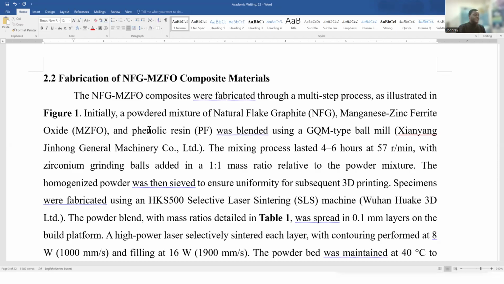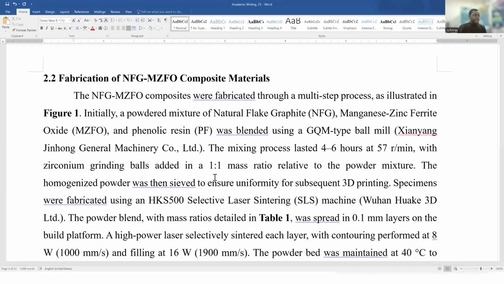Specimens were fabricated using an HKS500 selective laser sintering machine. Please, the school, I will not mention it. The 3D powder blend with mass ratios in Table 1 was spread in 0.1 millimeter layers on the build platform.